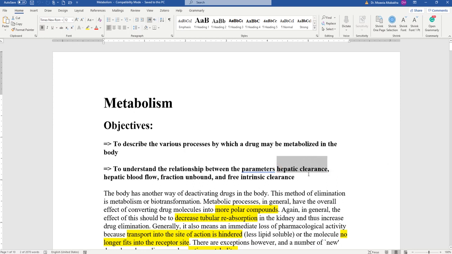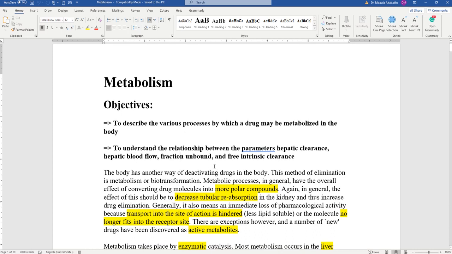That means what affects hepatic clearance: hepatic blood flow, fraction unbound of drug, and the intrinsic clearance for the drug. Of course, I will talk about these so you will have a good understanding of hepatic clearance.